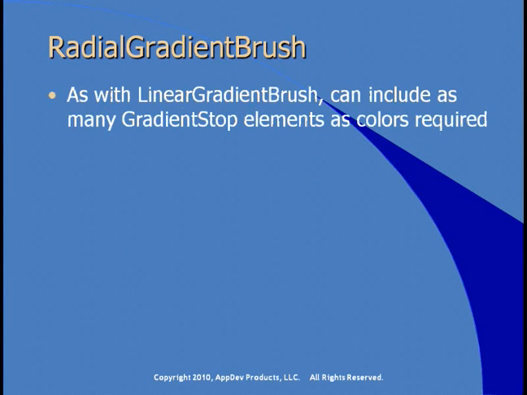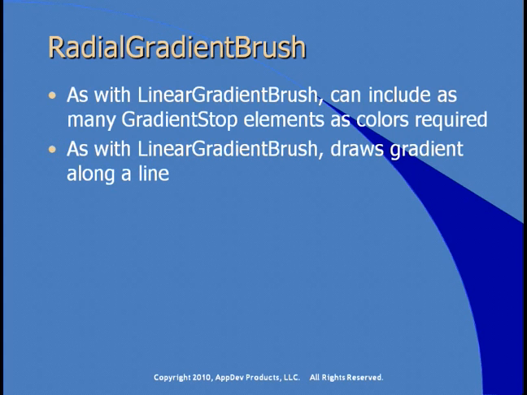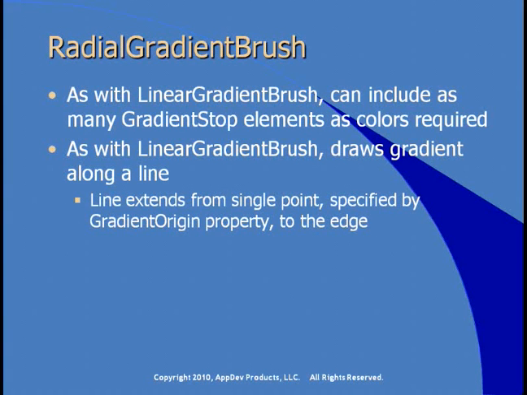As with the linear gradient brush, you can include as many gradient stop elements as there are colors required. And as with the linear gradient brush, the radial gradient brush draws the gradient along a line. That line extends from a single point specified by the gradient origin property, which by default is at the center of the circle, to the edge of the circle.